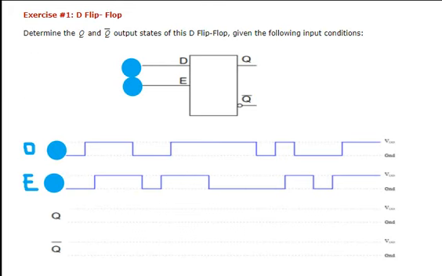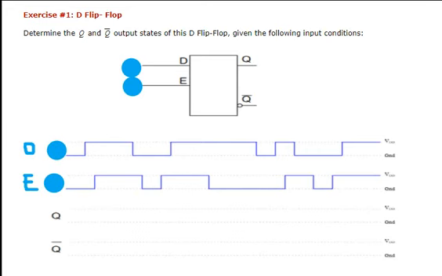The first thing I want you to keep in mind is that the D flip-flop is an edge triggering device. What that means is that the output Q follows the input D when the enable input is at a rising or falling edge, and it's one or the other. One way you can tell whether your D flip-flop is rising edge or falling edge triggered is by looking at the diagram provided.